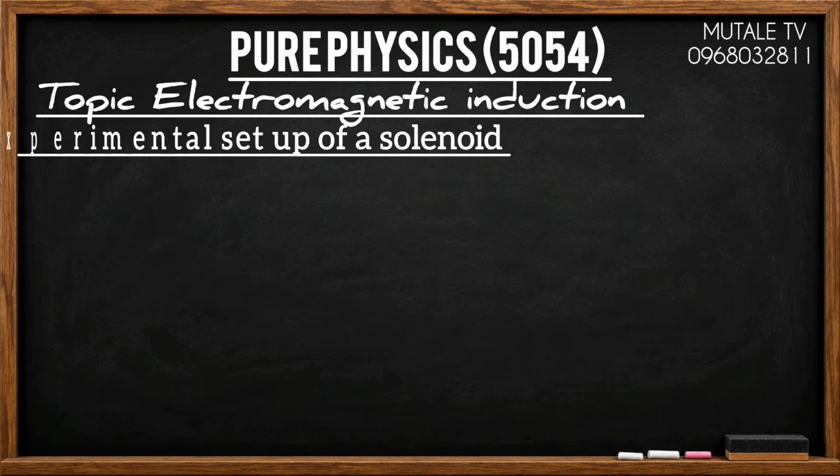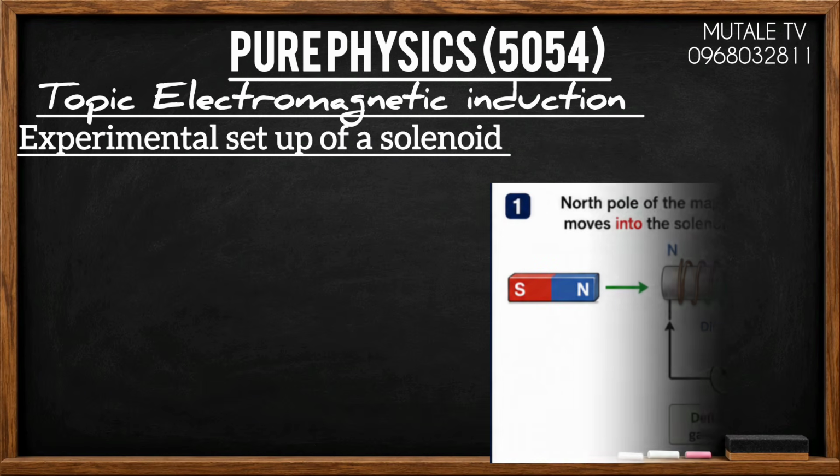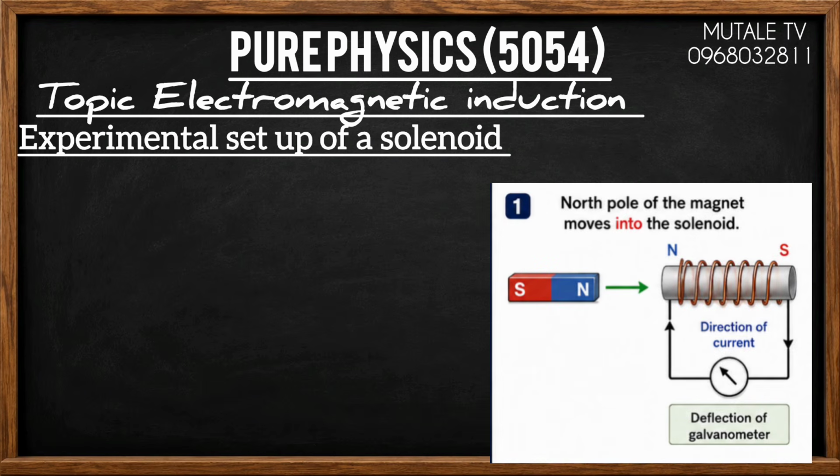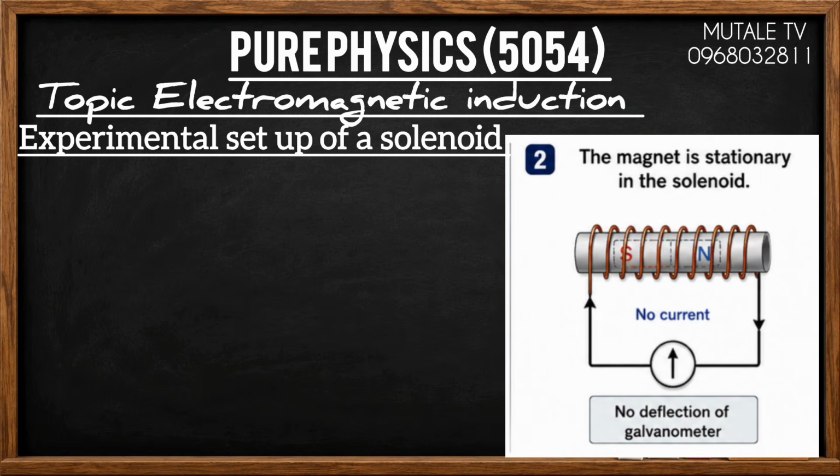Alright, now let's look at when you're dealing with a solenoid. When you start moving the bar magnet towards the solenoid, the solenoid will create a magnetic field that will repel the magnet. But when you move the magnet inside to the middle, no electromagnetic induction will occur.